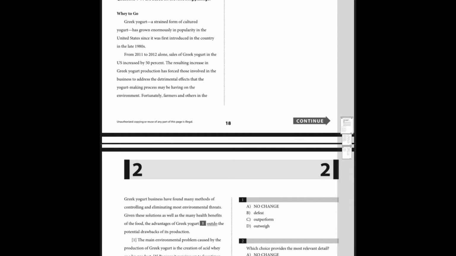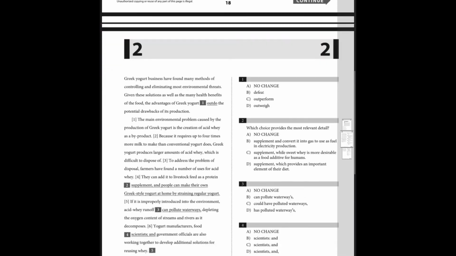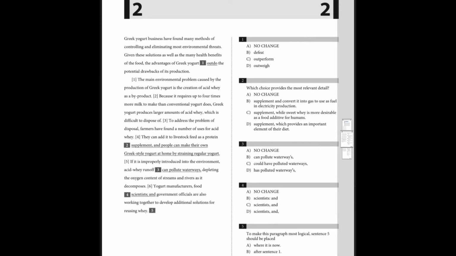My first tip is to focus on efficiency. I'm going to go over to the questions here. Focusing on the second question in particular, we can see that all of these choices are really lengthy, but I think that the SAT wants you in this section to focus on the most efficient way to convey ideas.